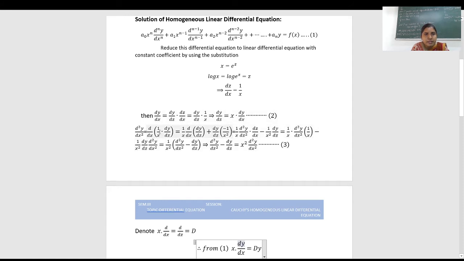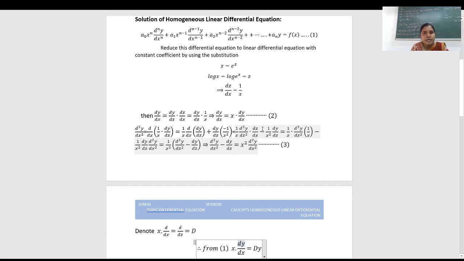Here I consider 1/x as the first function and dy/dz as the second function. Therefore, 1/x into the differentiation of dy/dz plus dy/dz into the differentiation of 1/x, which is minus 1/x². This equals 1/x into d²y/dz² into dz/dx, because z is also a function of x.